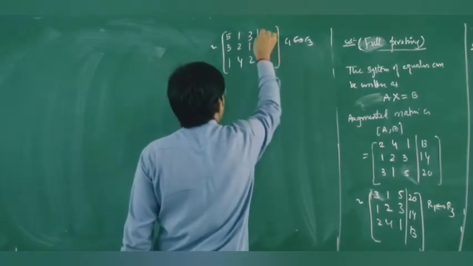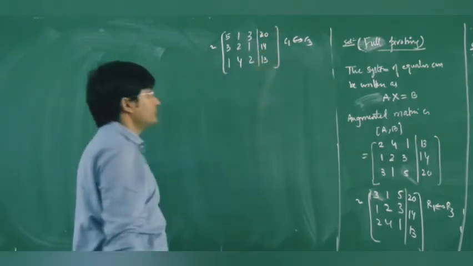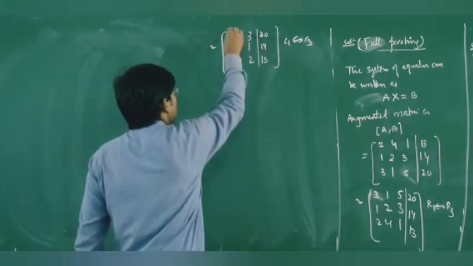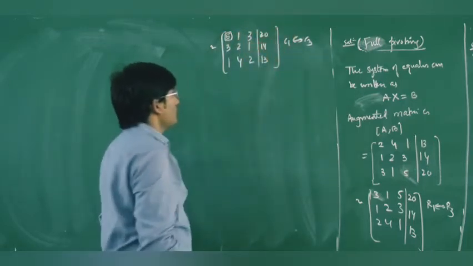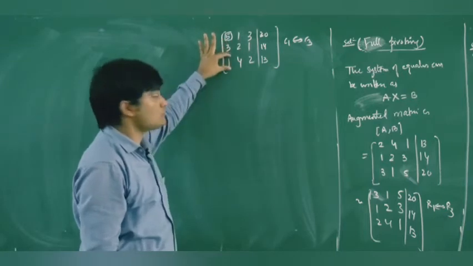On the right hand side we have 20, 14 and then 13. Now you can see that this is the numerically largest value, so this is your pivot element and this is your pivotal row. Now with the help of this element, we will try to reduce these two elements.